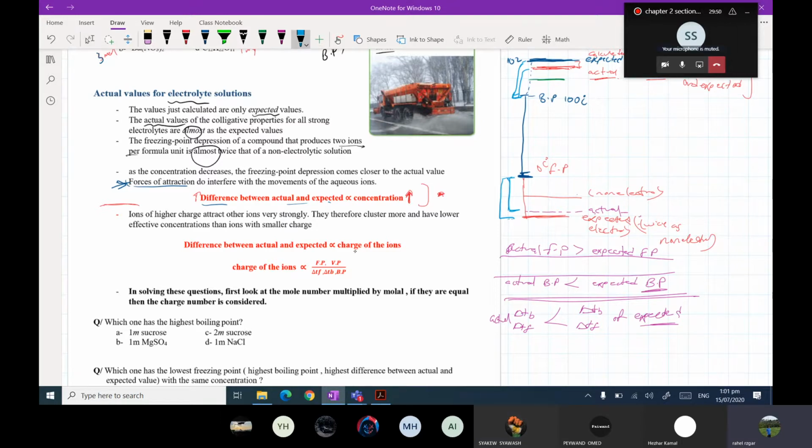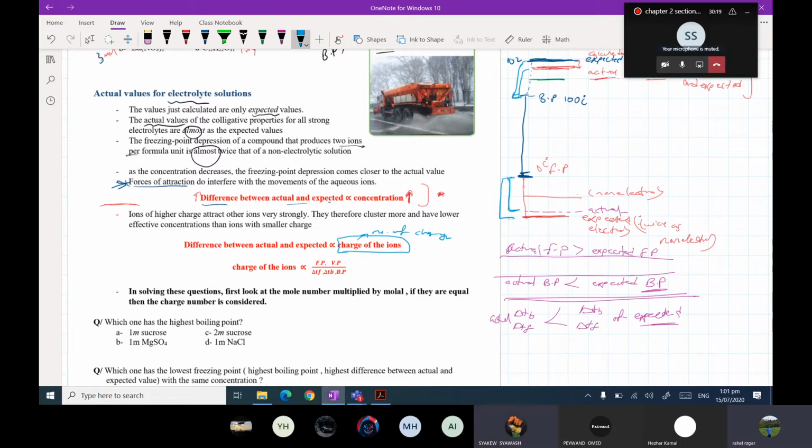The charge of the ions, the number of charges. So the higher the charge, the more difference between the actual and expected will be formed, even if they have the same mole, even if they have the same concentration.